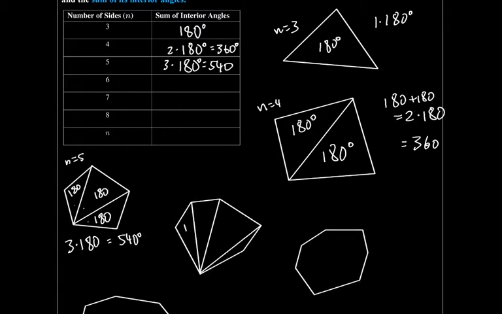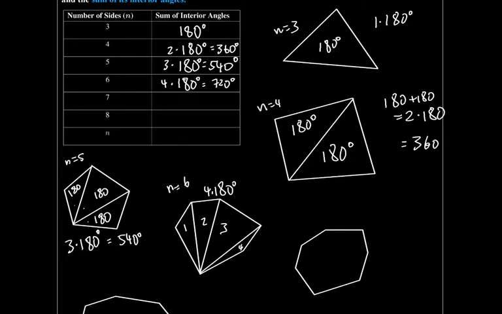So we have 1, 2, 3, 4. We have 4 of these. So this is n equals 6. And then we have 4 times 180. So we're starting to get some interesting things. That's 720 if you just do that all together.